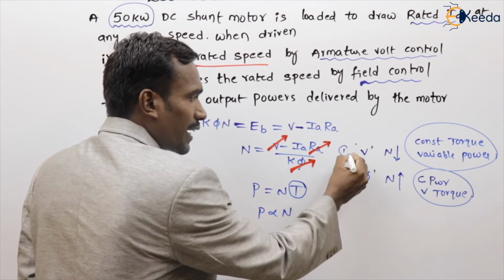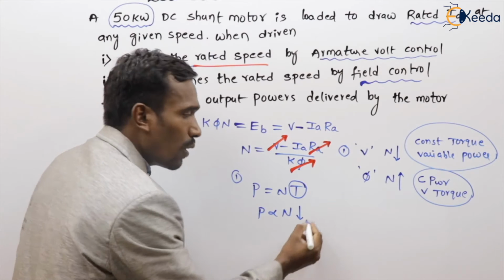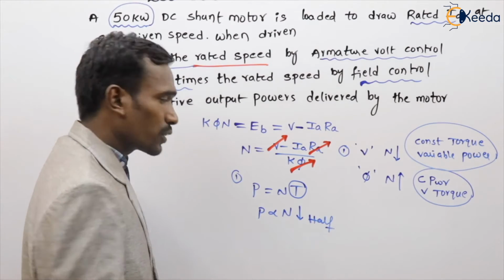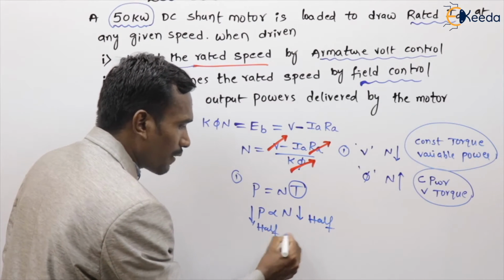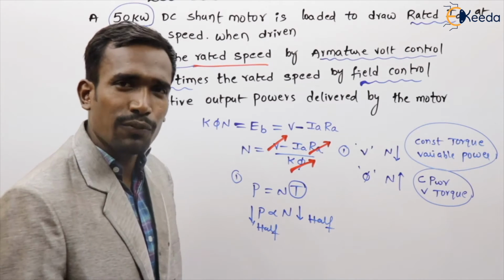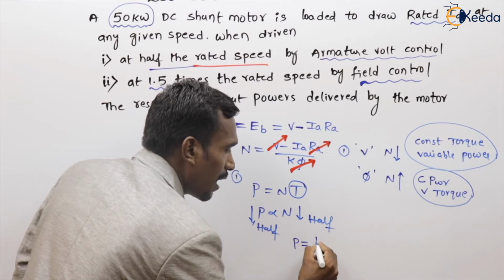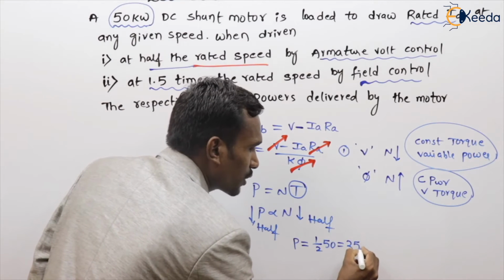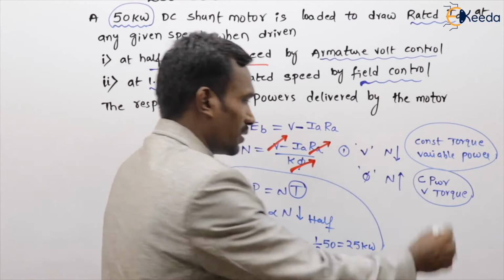In this first case, the speed is reduced to half. So our power is also reduced to half. Nothing but at this condition, the power is half of the actual value, nothing but 25 kilowatts.